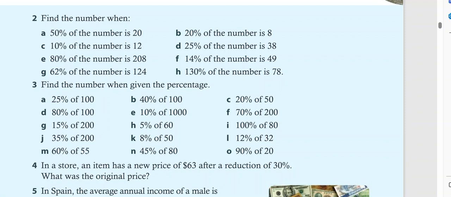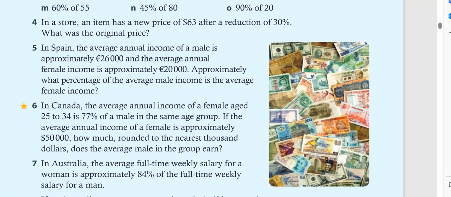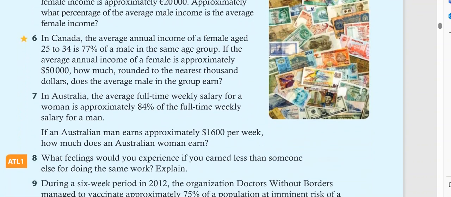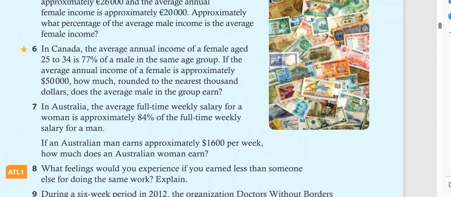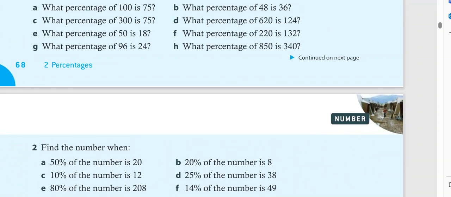See if you can figure out how to do it. Feel free to get your calculators out. Practice those, as many of those as you can get. And then, obviously, the harder questions are when you get to the words. It's starred because that's a really hard one. Okay? So these are your questions to do. So, textbook, page 68, 45 minutes. How many can you get through? Wait, just page 68.